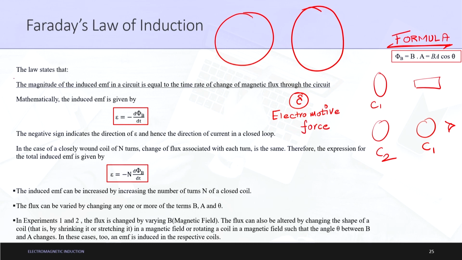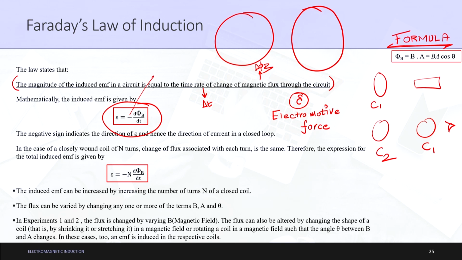Faraday's law of induction states that the magnitude of the induced EMF in a circuit is equal to the time rate of change of magnetic flux through the circuit. Time rate of change is delta t and magnetic flux is delta phi B. So, epsilon is minus delta phi B upon delta t.